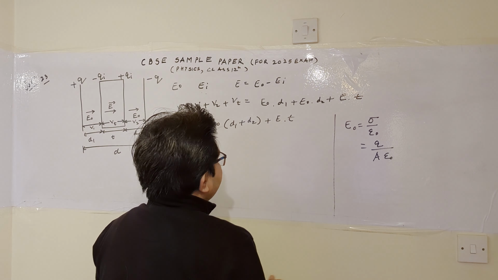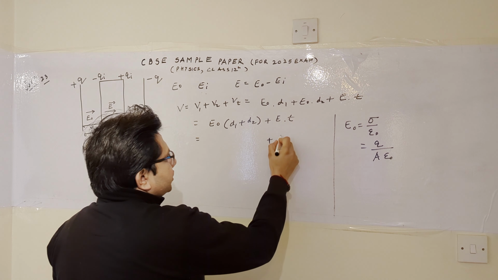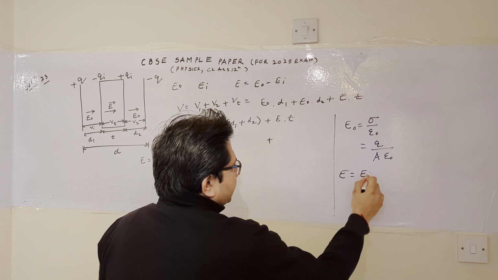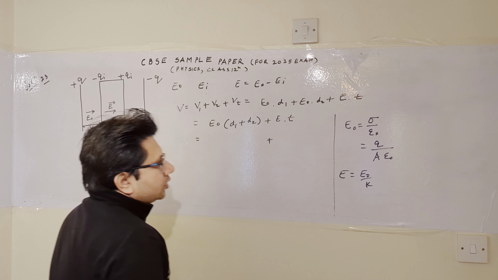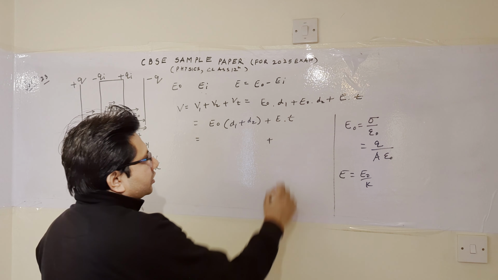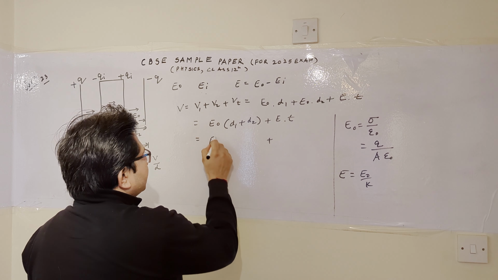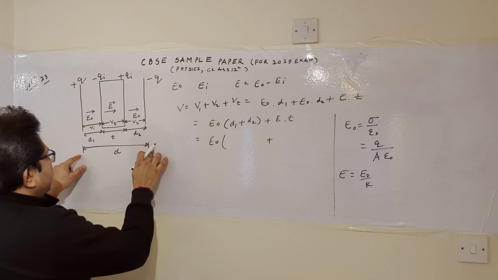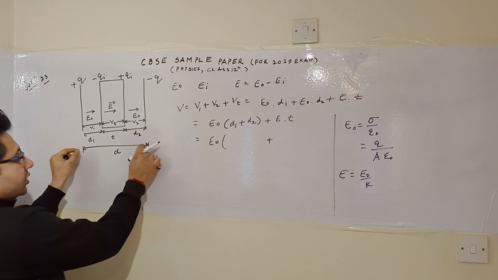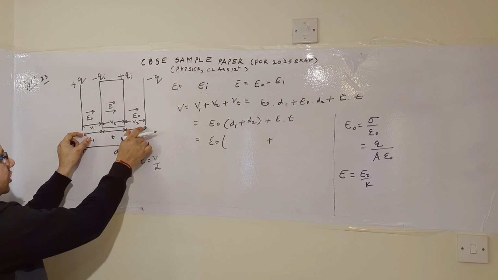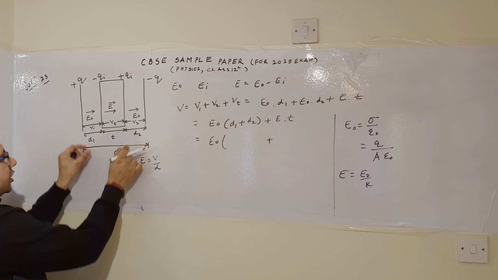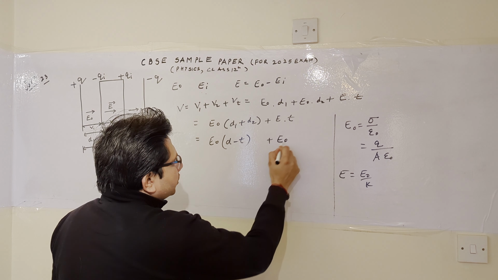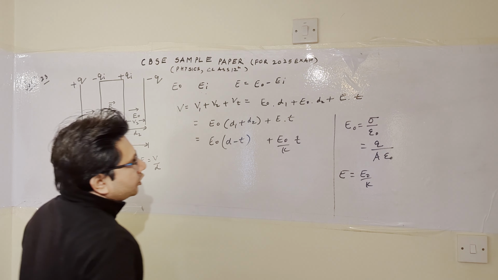Now E is basically E naught by K. So here we can put the value as E naught. d1 plus d2 is nothing but d minus t, since this whole length is d, this is d1, this is d2, this is t. And E is equal to E naught by K.